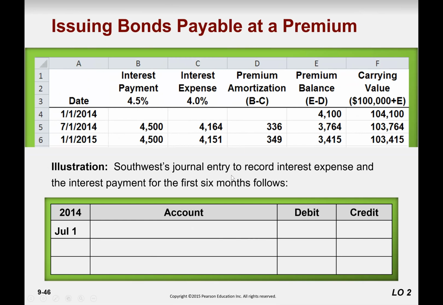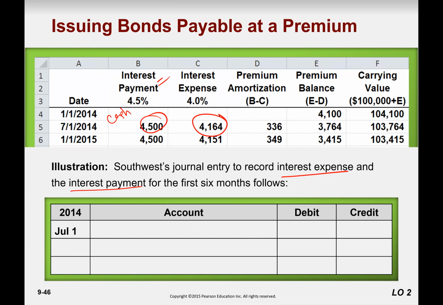So let's make the entry here about the interest expense and interest payment. So remember that principle holds still, that we record the interest expense and our contractual payment is based on cash. So interest payment is cash. We paid 4,500 and our interest expense is 4,164.